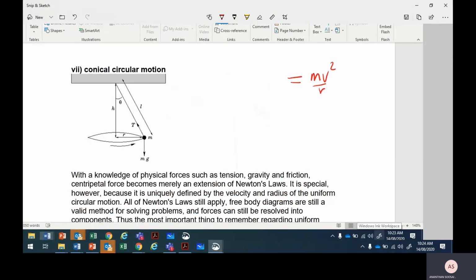Yeah, T sine theta. Very good. T sine theta, right? This is theta, so in your maths, this also must be theta.